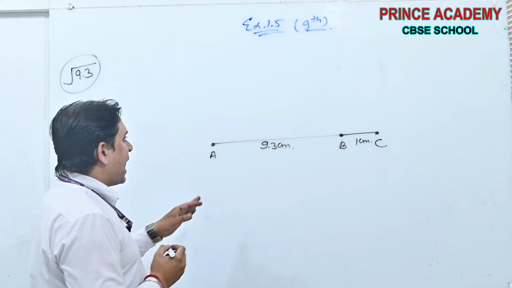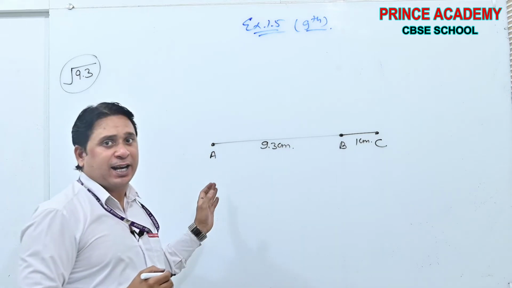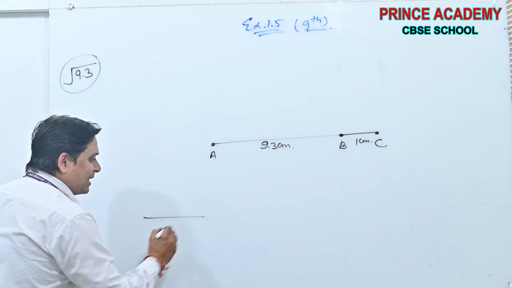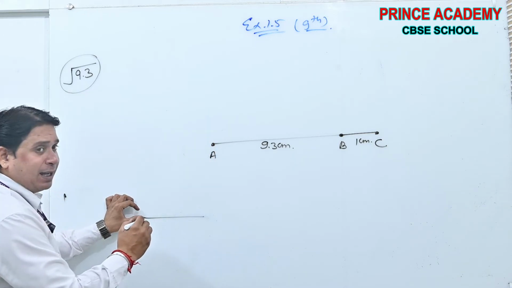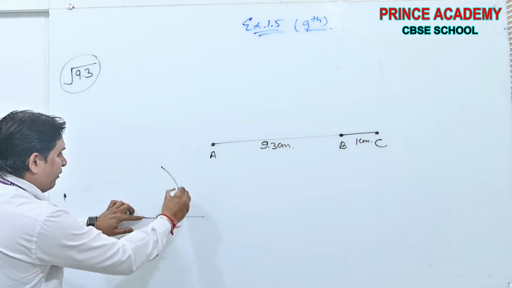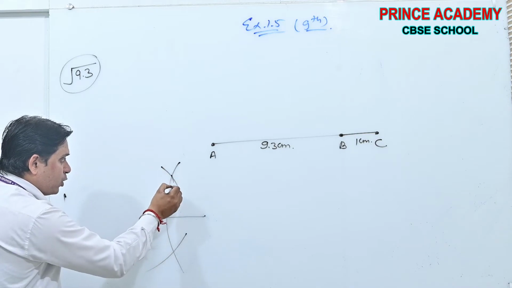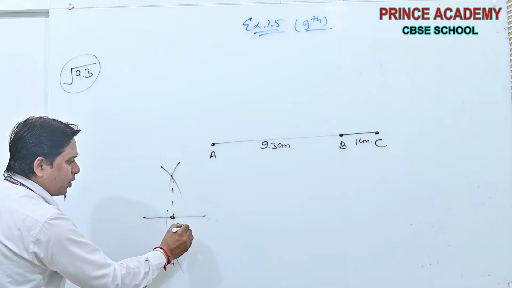Then take the midpoint of AC, and you all know how we can bisect a line segment. This is the line segment. Put the compass here, and with a radius more than half cut 2 arcs like this, and then with the other end as center cut 2 arcs. If you join these, you will get the midpoint. Yes or no?